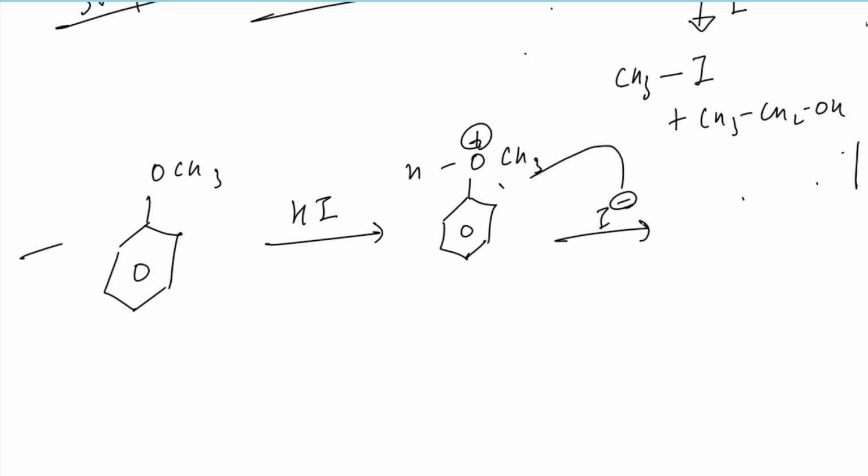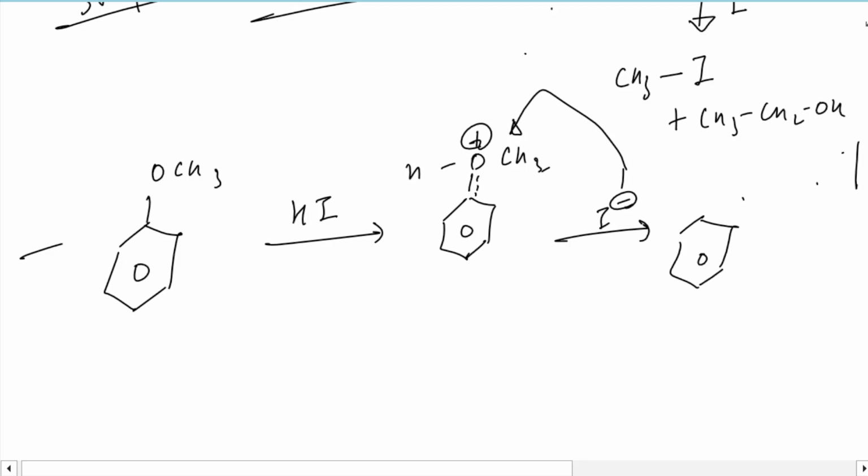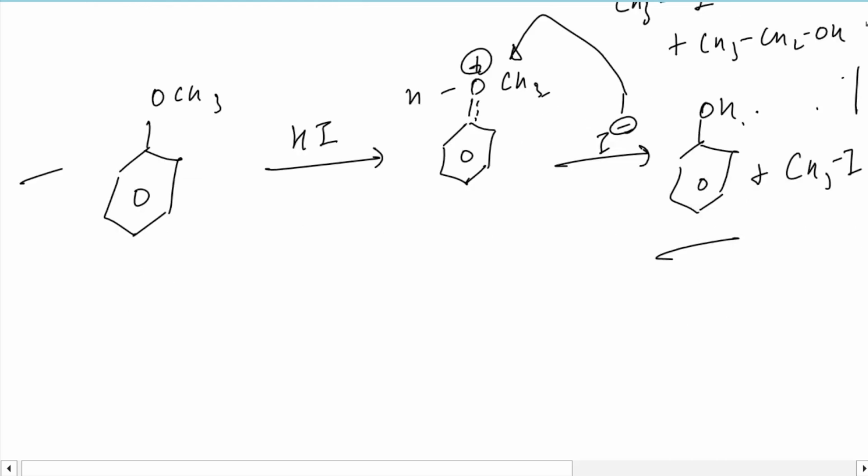If I negative attacks over here, then we have to break this bond, and this bond has partial double bond character, so it's difficult to break. So definitely we will go by here and take out CH3I, and along with phenol, this is formed.